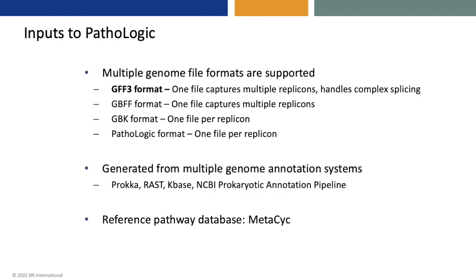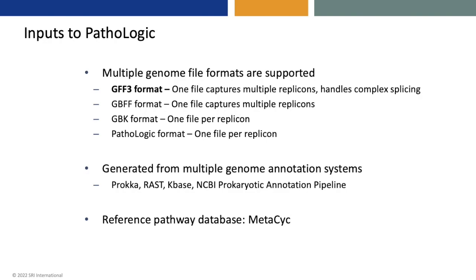These files can be generated from multiple different genome annotation systems, including PROKKA, RAST, KBase, and the NCBI prokaryotic annotation pipeline. In our experience, all of these annotation systems work with Pathway Tools. Another input is our MetaCyc database, which we'll describe in just a few moments. It's a universal pathway database, and it's usually built into Pathway Tools, so you don't have to do anything special to get MetaCyc.